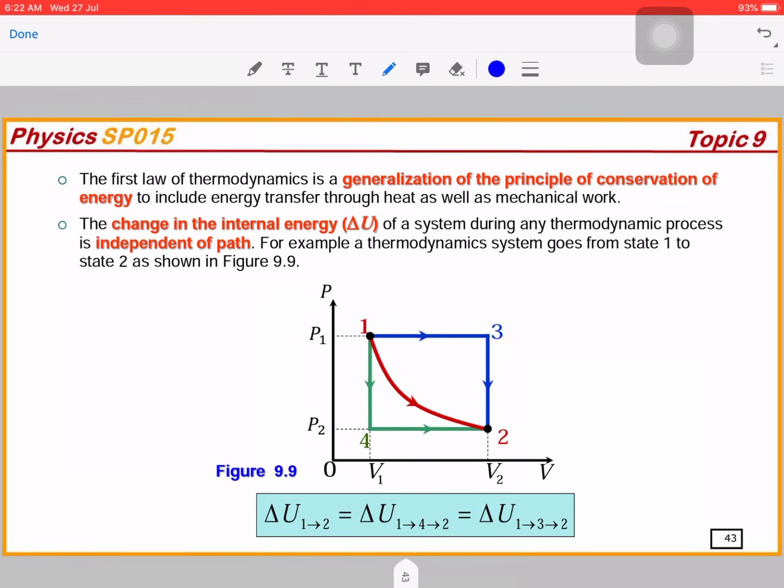For example, a thermodynamic system goes from state 1 to state 2 as shown in figure 9.9. There are many processes from 1 to 2.